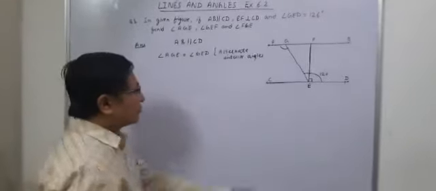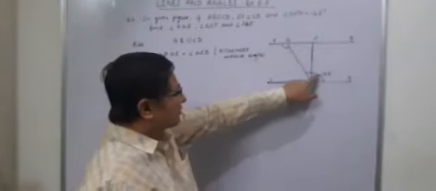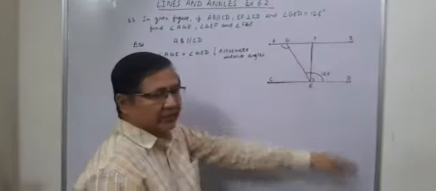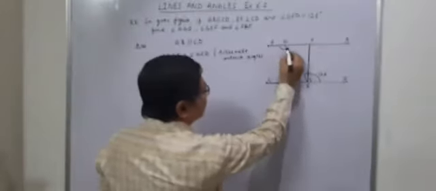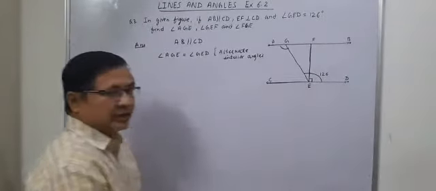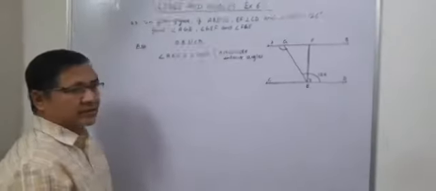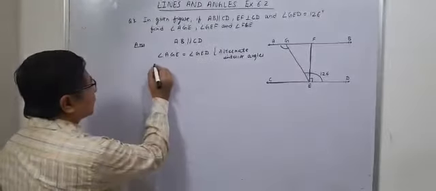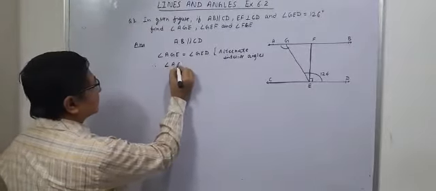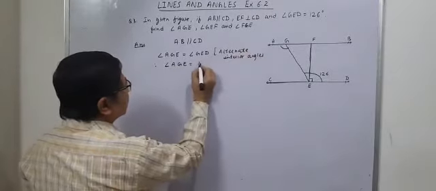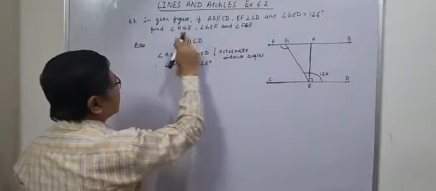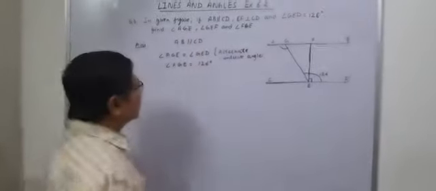You can see the position of this angle: it is below the line, this is above the line, this is on the left hand side, this is on the right hand side. So these type of angles, where a Z is also formed, are alternate interior angles, and when the lines are parallel they are equal. So angle AGE is equal to angle GED, which is given in the question as 126. So we got the first answer, AGE is equal to 126 degrees.